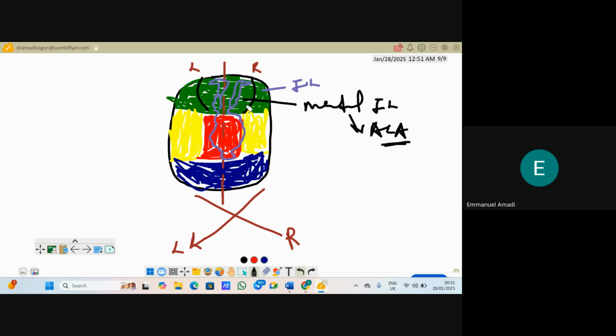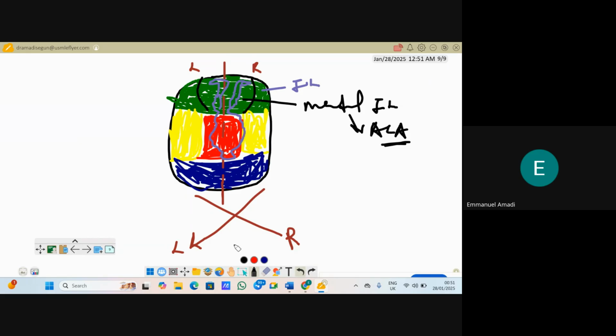The other thing I'll have to ask myself, looking at this contralateral rule, is: is this person's weakness on the left or on the right? If I discover this person's weakness is on the right, I will tell myself that this person has a problem with the left anterior cerebral artery.